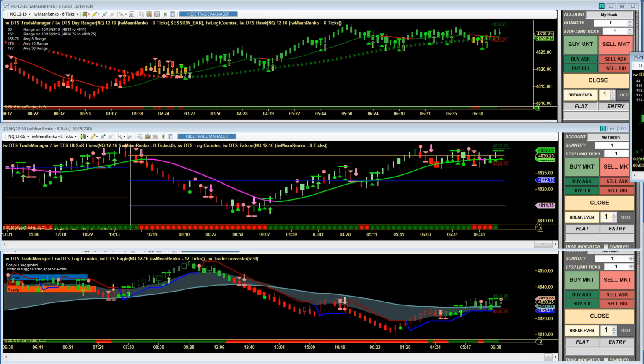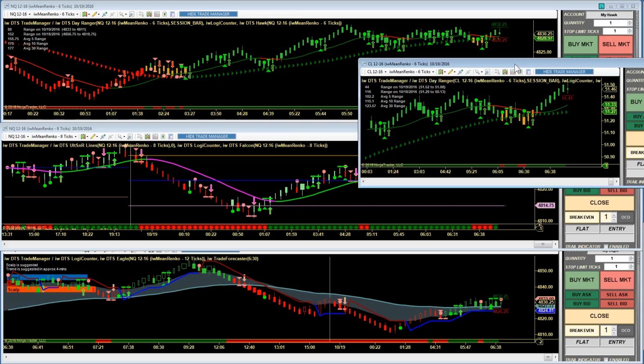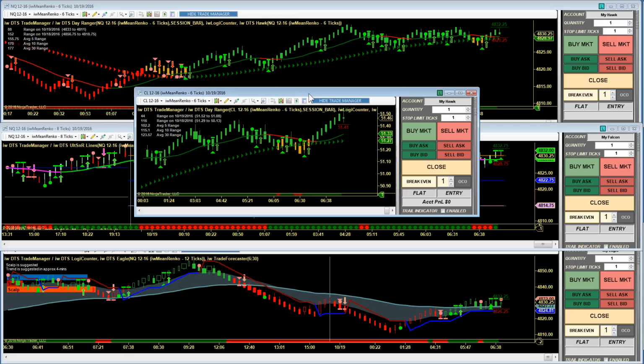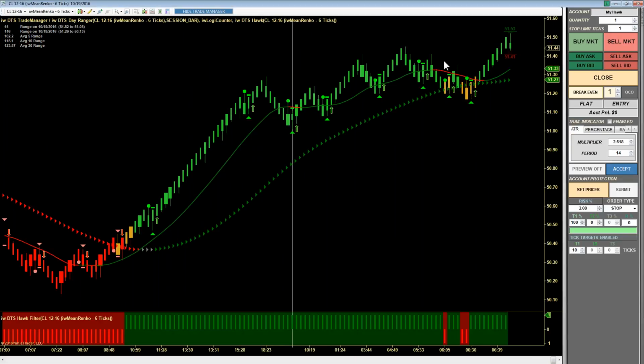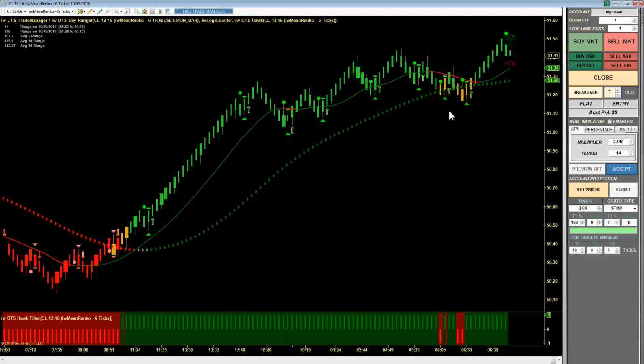Crude oil, a little bit more aggressive, slightly. Here is crude oil now on the Hawk Scalper. And this little pattern through here is what we refer to as a 3-arrow consolidation.